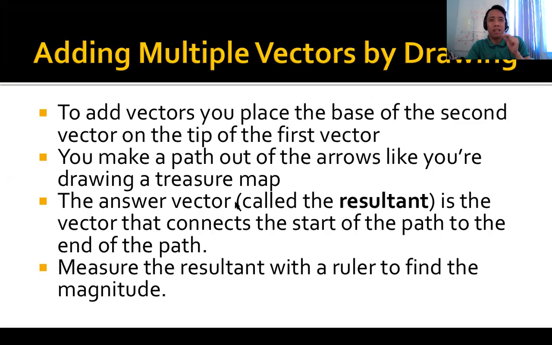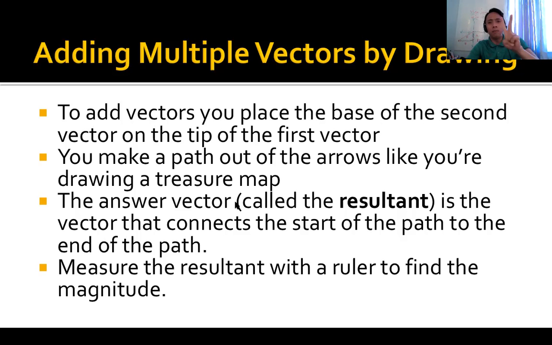We can also use that property or rule if we have multiple vectors. If we have a vector A, vector B, C, D, E, we can also use the tail and tip or the graphical method. Okay, so we will move on to another one.